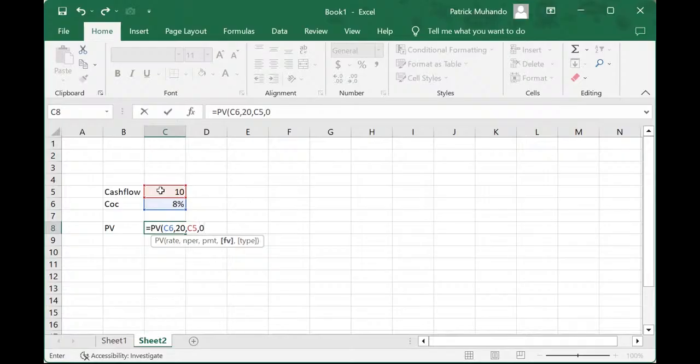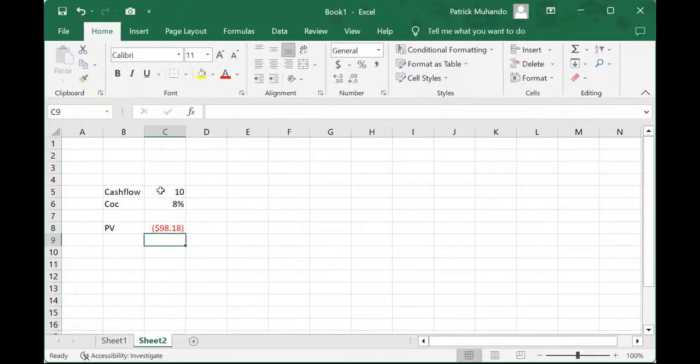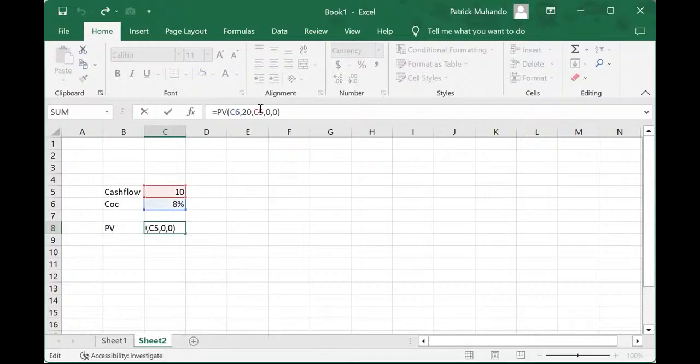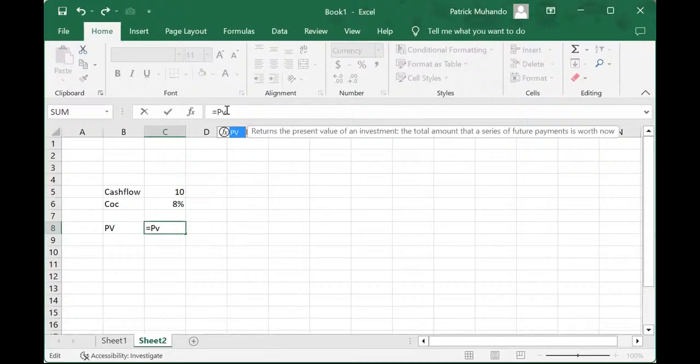Although you get your answer as a negative. Why? Go back and say equals PV. It returns the present value of an investment, the total amount of a series of future payments.